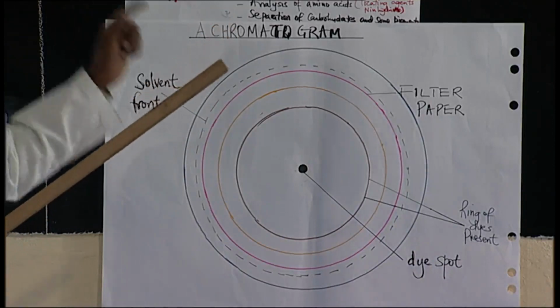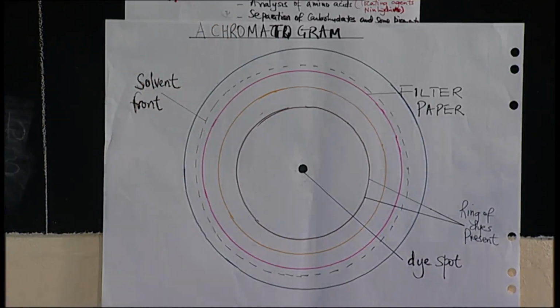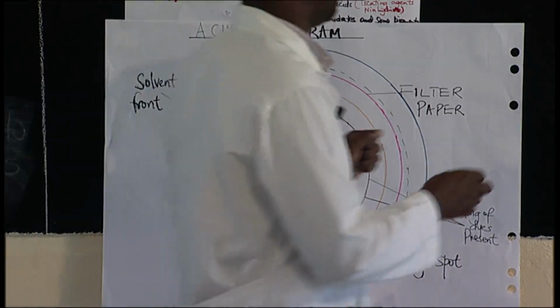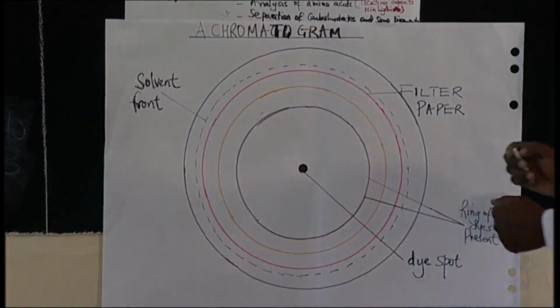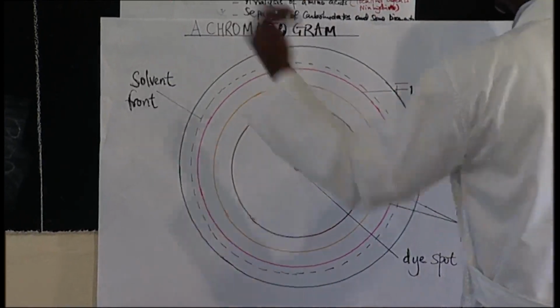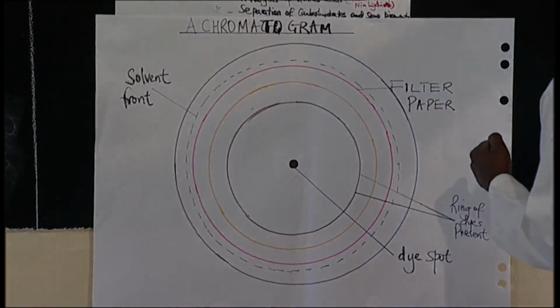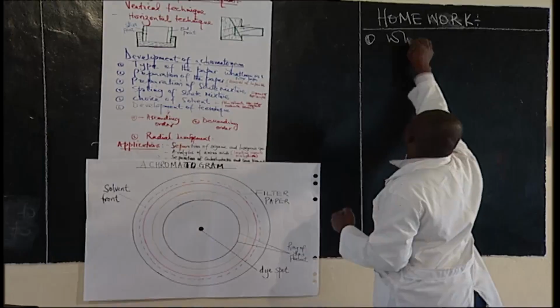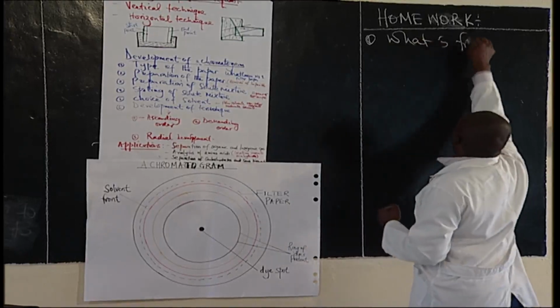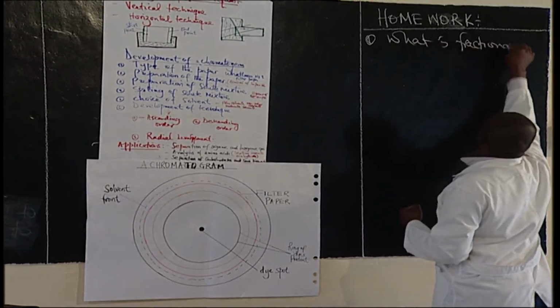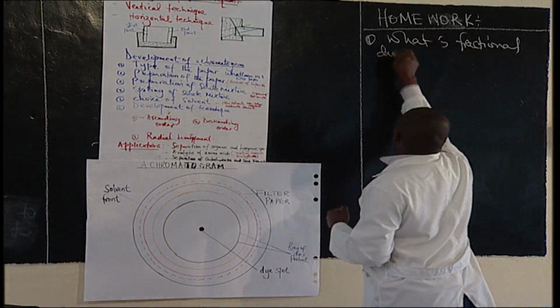So before I leave, I want to leave you with a homework. Please try this homework and see whether you are able to do it. Number one, A, what is fractional distillation?